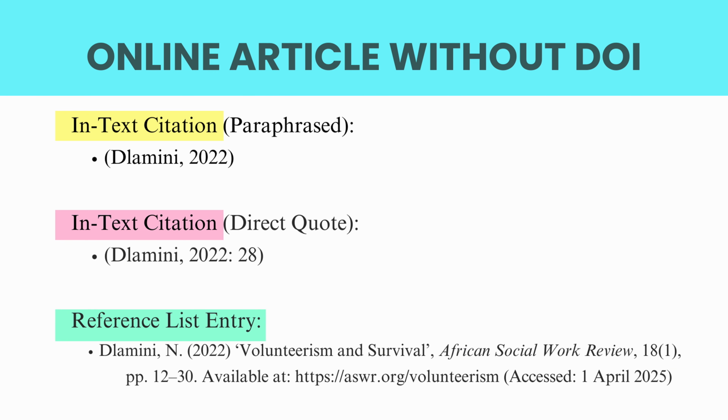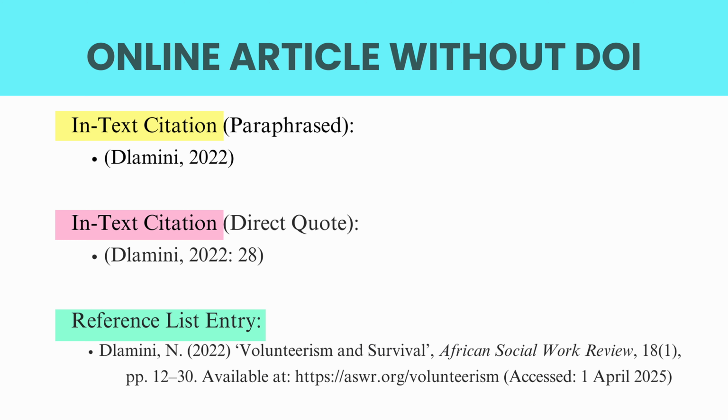So for example, we are citing a journal that's written by Dlamini. You're going to say Dlamini, comma, N, which is the initial, followed by a period, always. And in brackets, the date of publication, which is the year of publication. In quotation marks, the article's title, followed by the journal's name in italics, and then the volume, brackets, the issue, comma, the page range, which is PP, period, the range of that article within the journal.